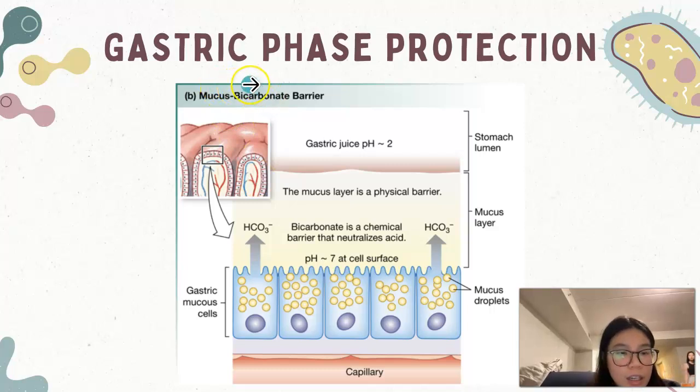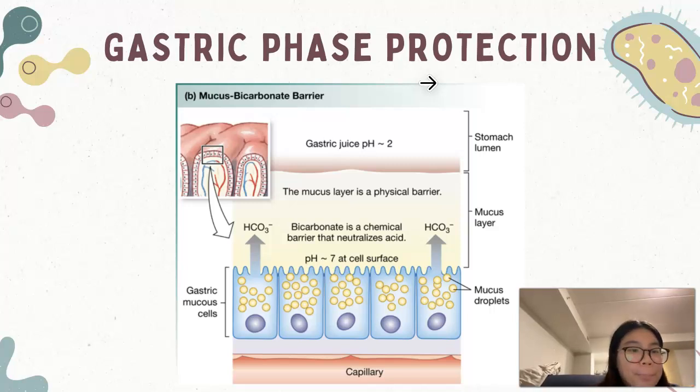And this is my last slide, which depicts gastric phase protection. You may be wondering, with hydrochloric acid in our stomach, how does it not end up eating itself up, since it's really acidic?